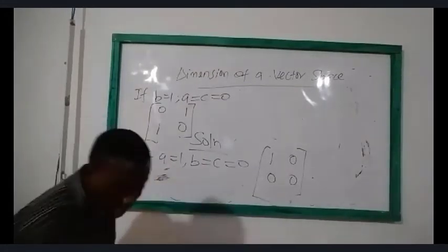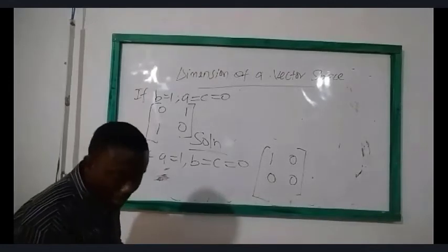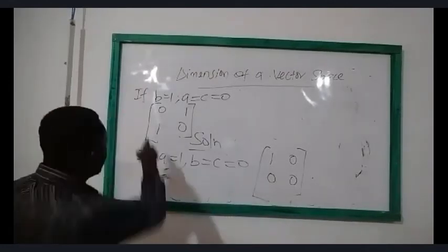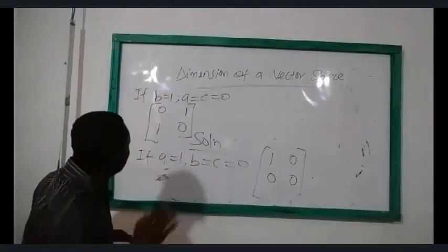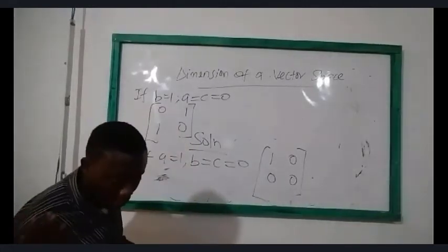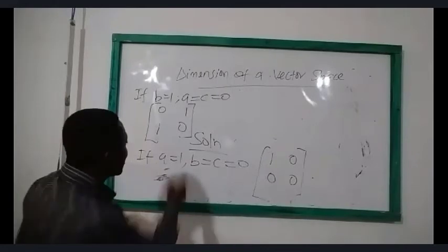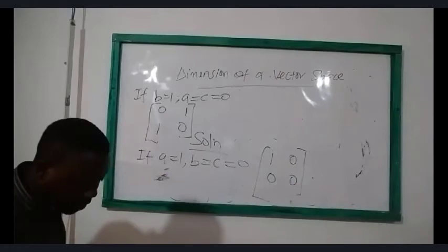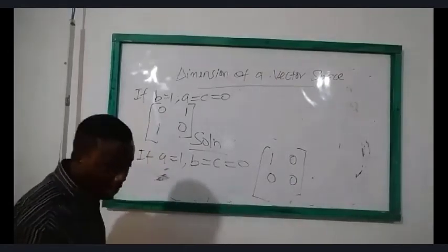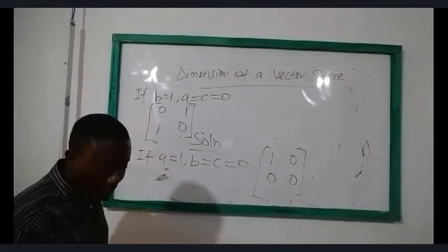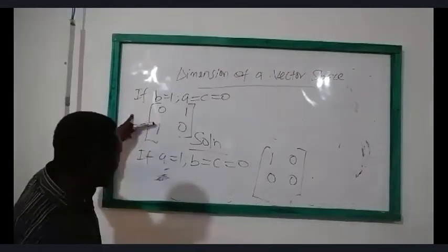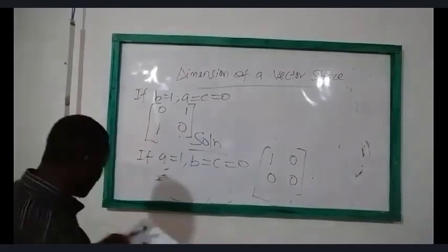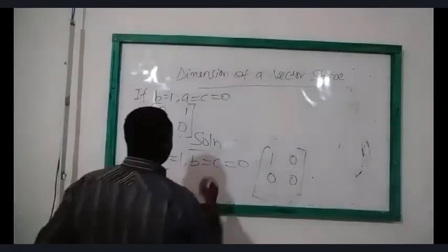You can pick any number. So I'm choosing that when I make B to be 1, the rest should be 0, and I see the matrix that will be formed. You can see that it's still a 2 by 2 matrix. So you see that it is spanning, or the linear independence. When you factor A out, you see that I get the 1, 1 and then the 0 out. So that's that. Let's make progress.